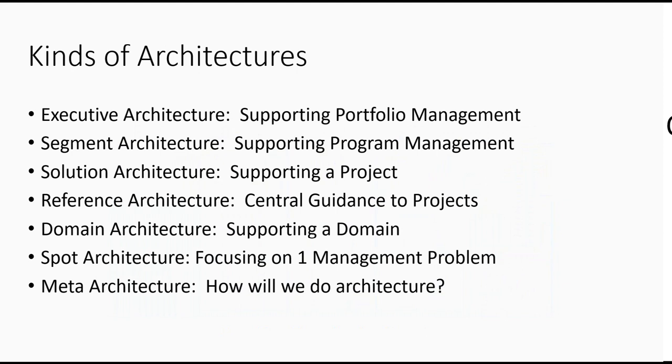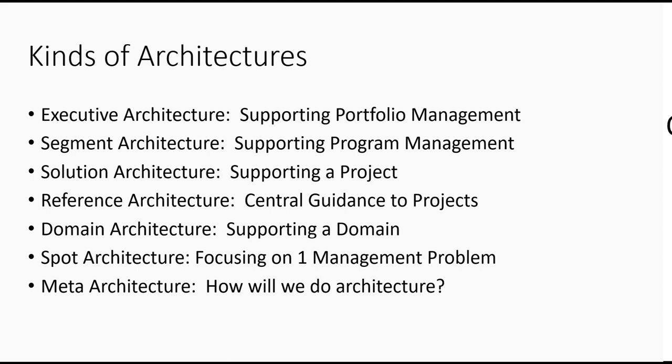Kinds of architectures. We have 7 kinds of architectures. First is the aforementioned executive architecture, which supports portfolio management or transformation. It tells the executives how to transform the enterprise in order to meet their goals. A segment architecture instead tells you how to improve the performance of some particular line of business, some service line or product line.